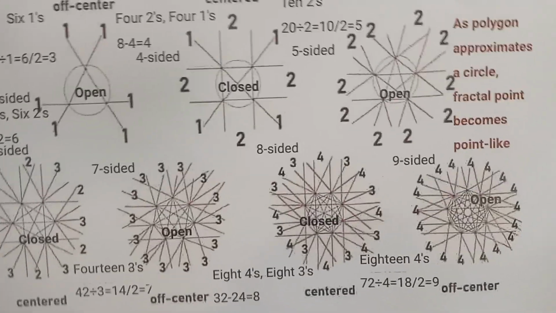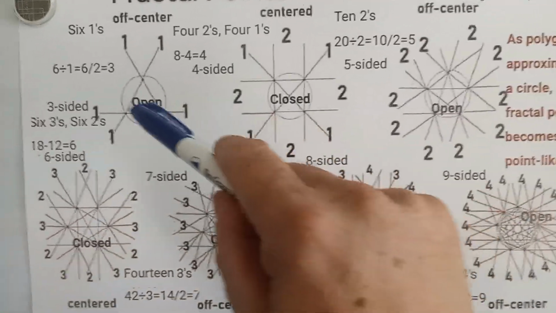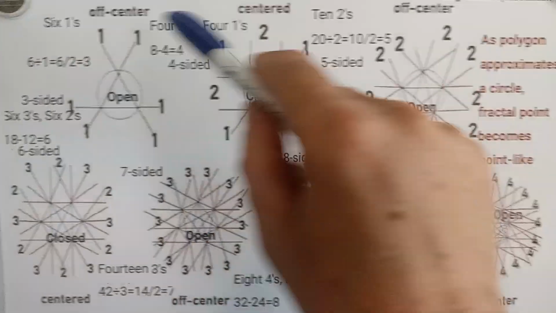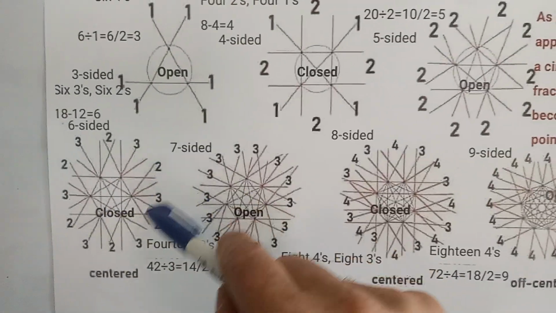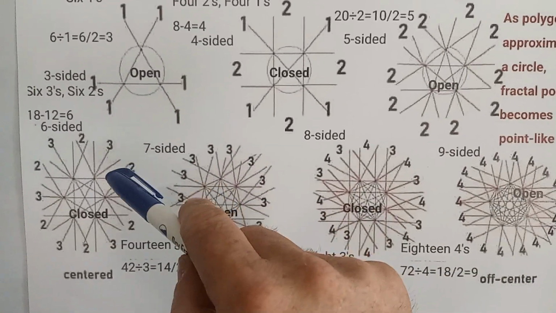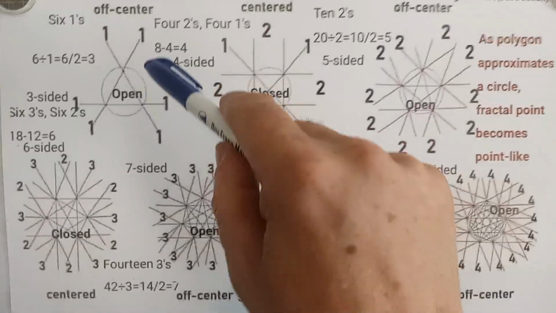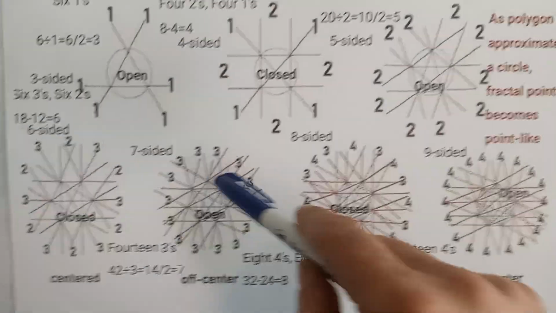And if you look at the rest of these, they do the same thing, and they alternate between constant numbers, alternating numbers, constant numbers, alternating numbers.